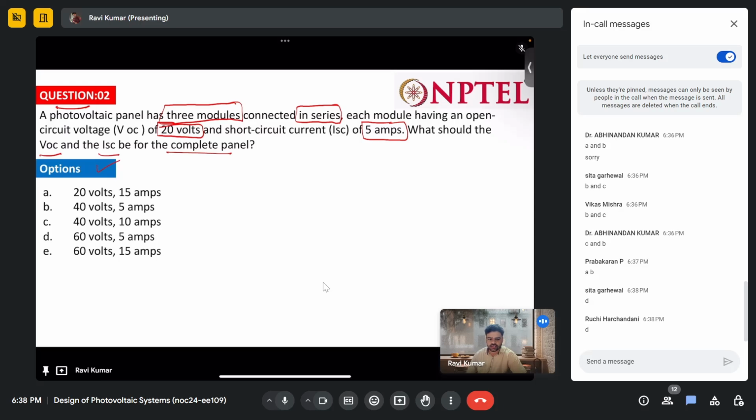Sita said D. Ruchi said D. Vikas Mishra D. What I told you just before, two slides ago, according to you both will increase, voltage as well as current. But is it so?